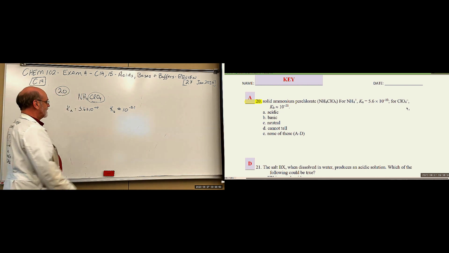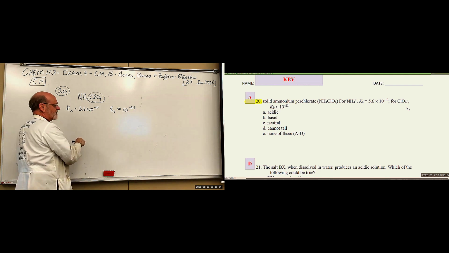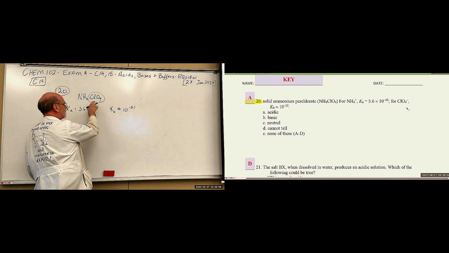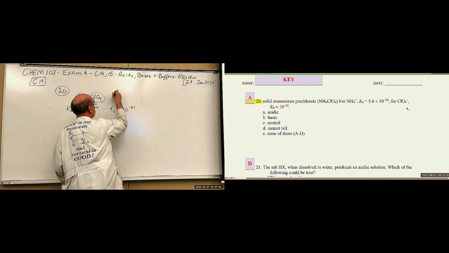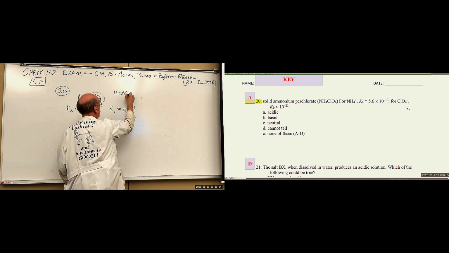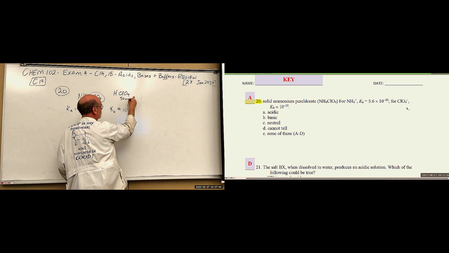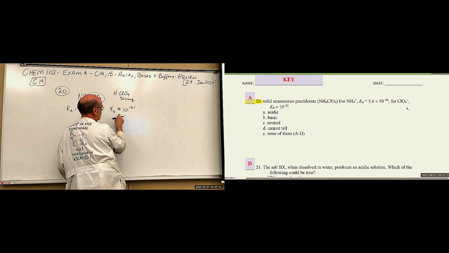Okay. This one is actually, we don't even need to know this, right? This is derived from perchloric acid, HClO4, which is a strong acid. That's derived from a weak base, strong acid.